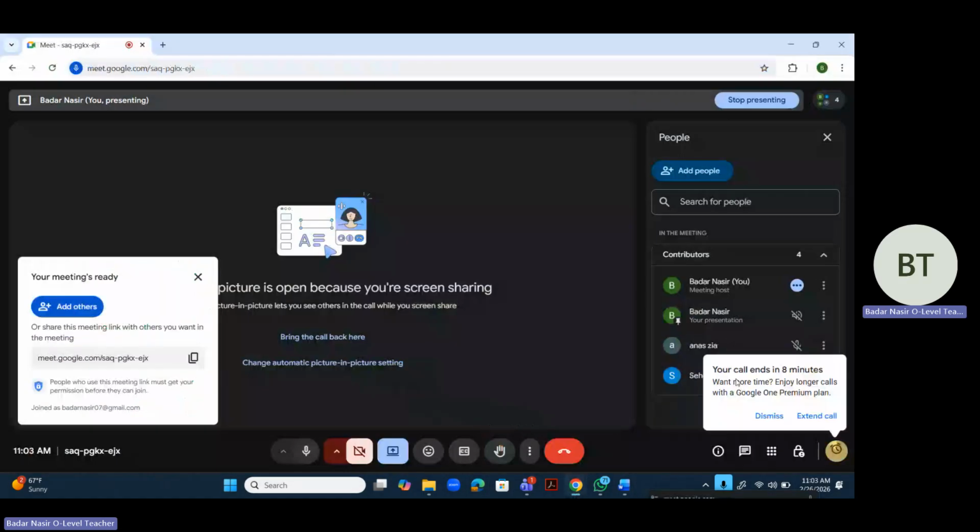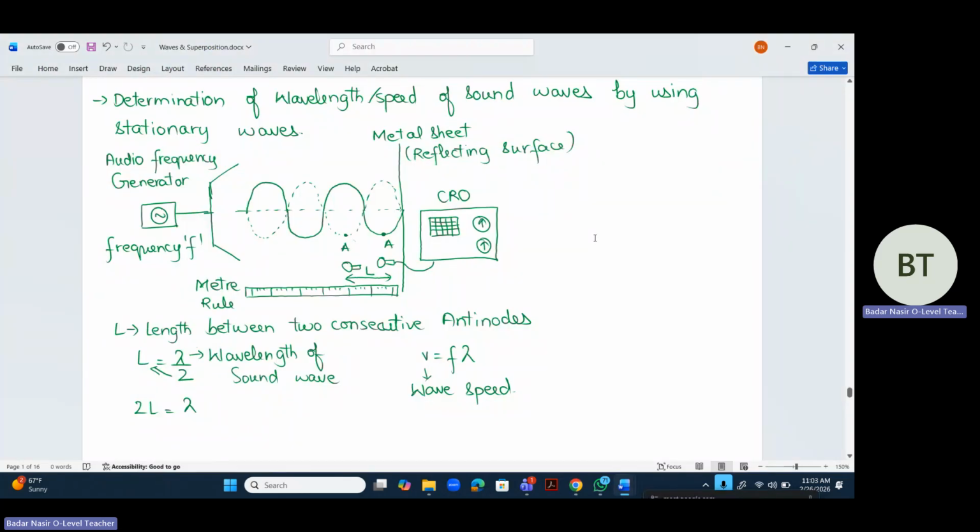जी, समझ आ गया क्या ये वाला एक्सपेरिमेंट? ओके, सो दोबारा एक दफा देखते हैं. हमारे पास एक ऑडियो फ्रीक्वेंसी जनरेटर है टू जनरेट अ साउंड वेव. सो ये साउंड वेव जनरेट करता है, ये वेव ट्रैवल करती हुई आगे जाती है. एक मेटल की शीट है और दिस मेटल शीट हैज रिफ्लेक्टिव प्रॉपर्टीज. ये रिफ्लेक्ट कर देगी साउंड वेव को, and when this sound wave is going to reflect back, so it produces a stationary wave.